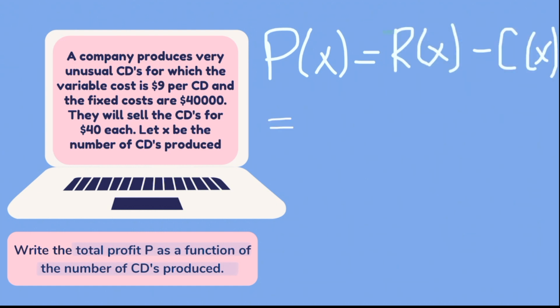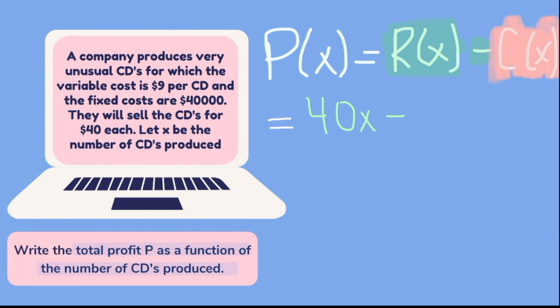So we need to think back to what our revenue function was. Do you remember? I do. Our revenue function was 40x. Remember, they're selling the CDs for $40 each. And we subtract that by our C of X, our cost function.